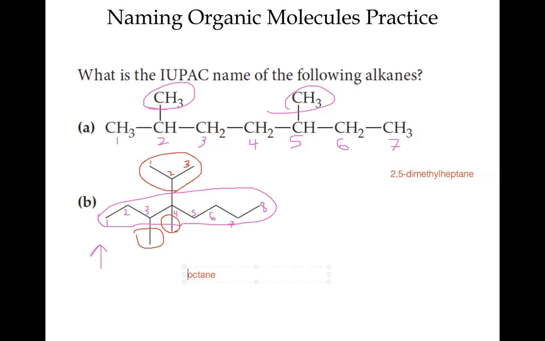And it looks like we have 3,4 dimethyl, right? Because we have a methyl group at the 3rd carbon and a methyl group at the 4th carbon. So 3,4 dimethyl. And then we have this isopropyl at the 4th carbon as well.